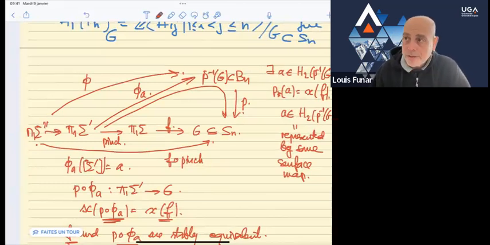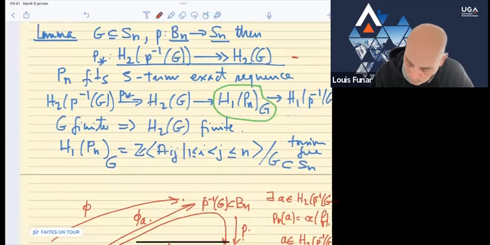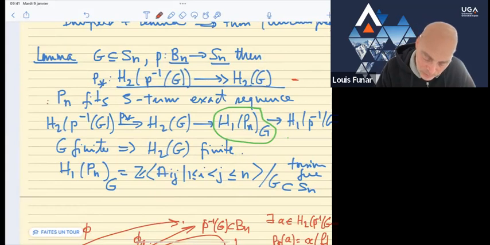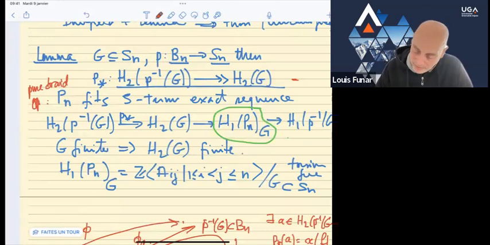In the unramified coverings, there are some simplifications, of course, and in order to see why this lemma is very easy, you just observe that you put Pn for the pure braid group and observe that you have a five-term exact sequence in homology, which relates the homology of the finite group G to the homology of the preimage P inverse of G in the braid group.